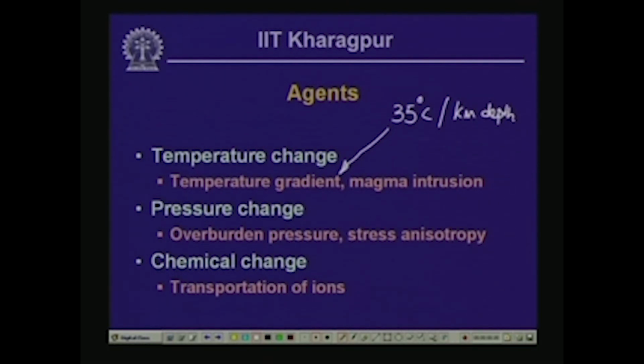So, with deep burial, because of tectonic activity or mountain building or any other geologic process, the pre-existing rock mass is going to be subjected to an elevated level of temperature. Magma intrusion of partially molten rock forming materials also is going to elevate the temperature of the rock that surrounds the intruding magma.